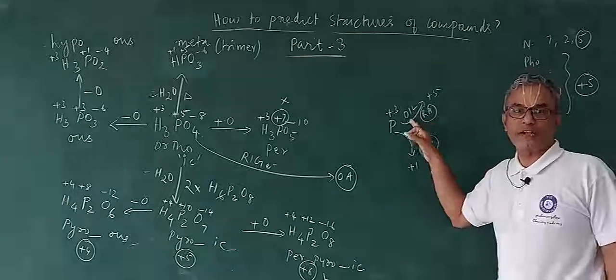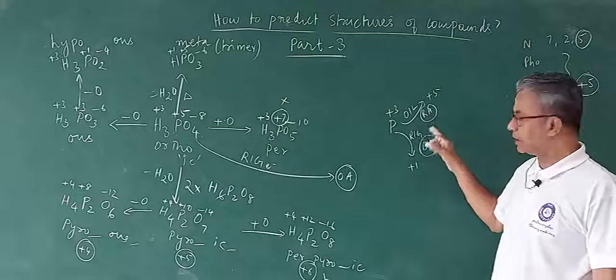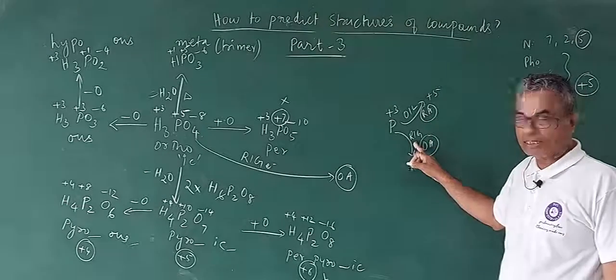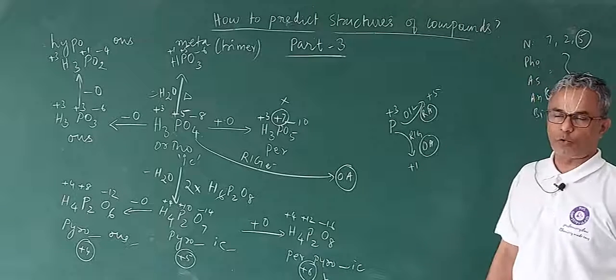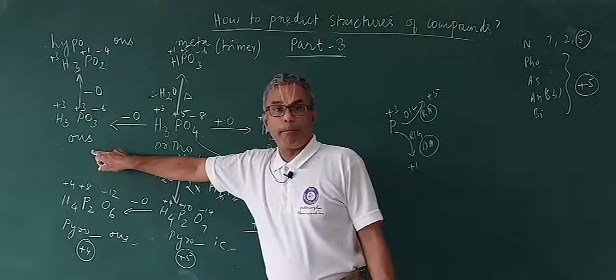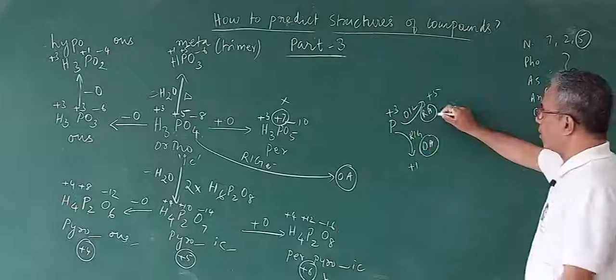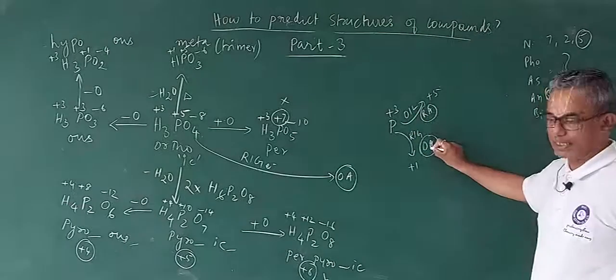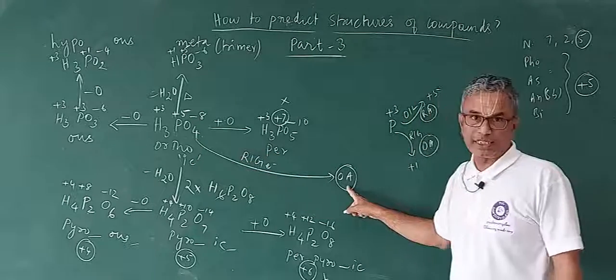Those which undergo oxidation will be called reducing agents. Those which undergo reduction will act as oxidizing agents by default rule. This you know already. This is basic. Therefore, phosphorus acid can act as both reducing agent and oxidizing agent, whereas phosphoric acid can act only as an oxidizing agent.